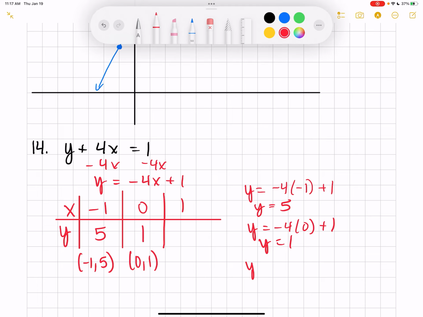So y equals -4 times 1 plus 1. -4 times 1 is -4, plus 1 is -3. Yep, -4 plus 1 would be -3. So that gives us the point 1, -3.